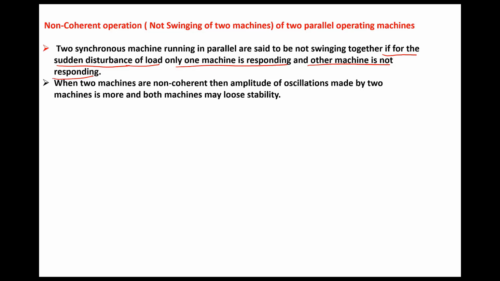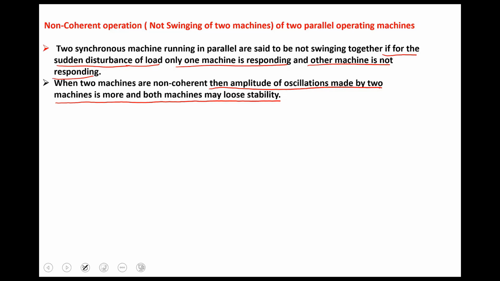When two machines are non-coherent, then definitely the amplitude of oscillations made by the machine that is taking the total disturbance is more, and subsequently the machine which has taken the load will lose the stability, and after that the second machine also will lose the stability. Understand? So if only one machine responds to a sudden disturbance and the other does not respond, then the chances of both machines losing stability are more. Understand?